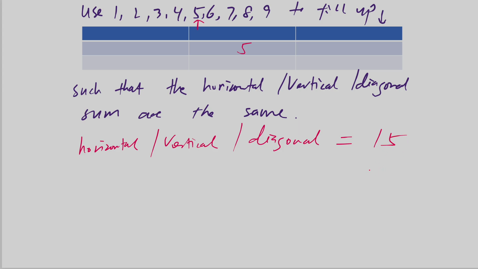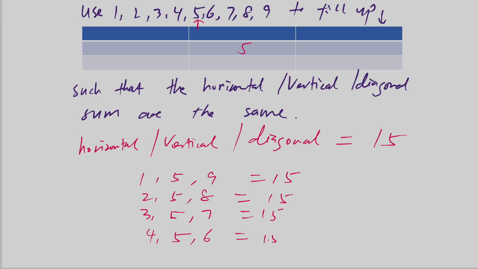The reason is, if you observe the entire set of numbers here, you will realize that 1, 5, 9 will give you 15, and then 2, 5, 8 will give you 15, 3, 5, 7 will give you 15, and 4, 5, 6 will give you 15.